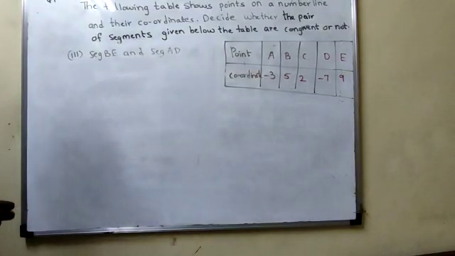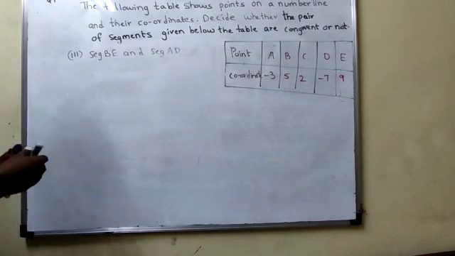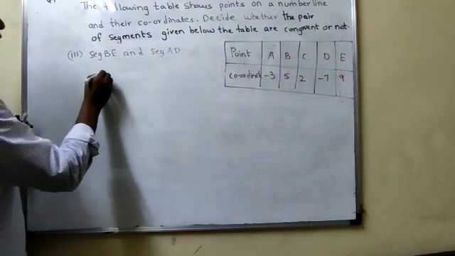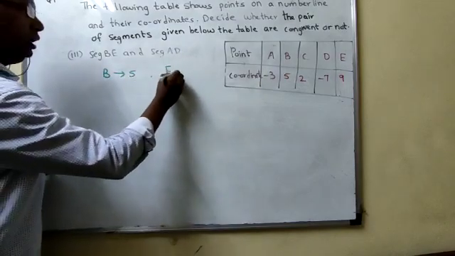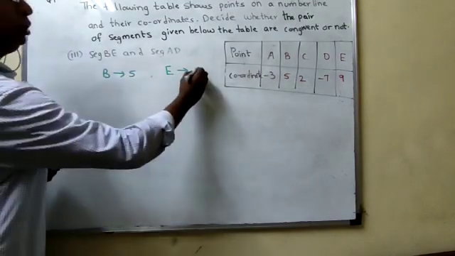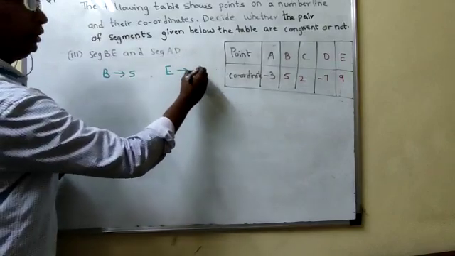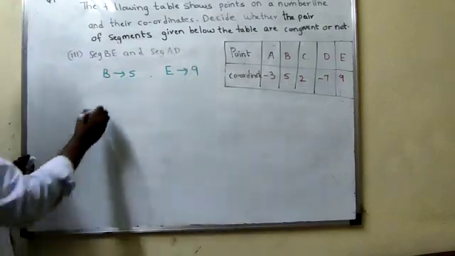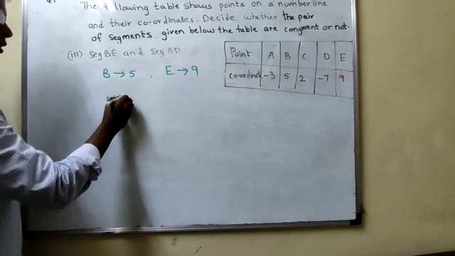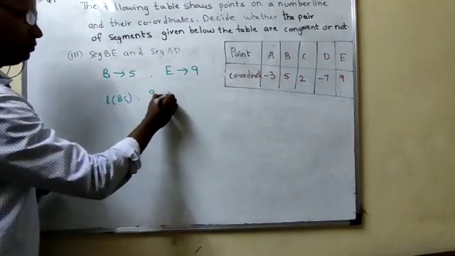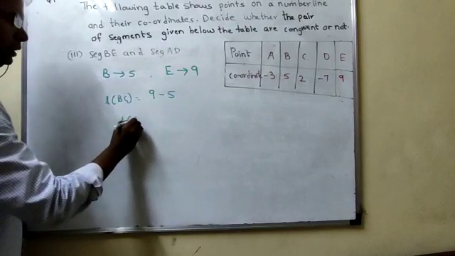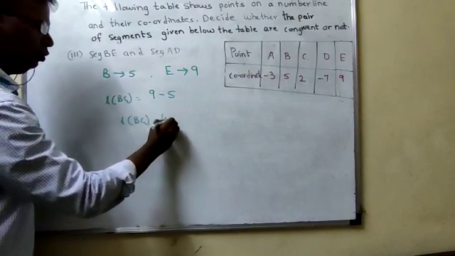First, we'll find the length of BE. What is the coordinate of B? 5. The coordinate of E is what? 9. So the length of BE, larger coordinate minus smaller coordinate, is 9 minus 5. That is, length BE is equal to 4 units.